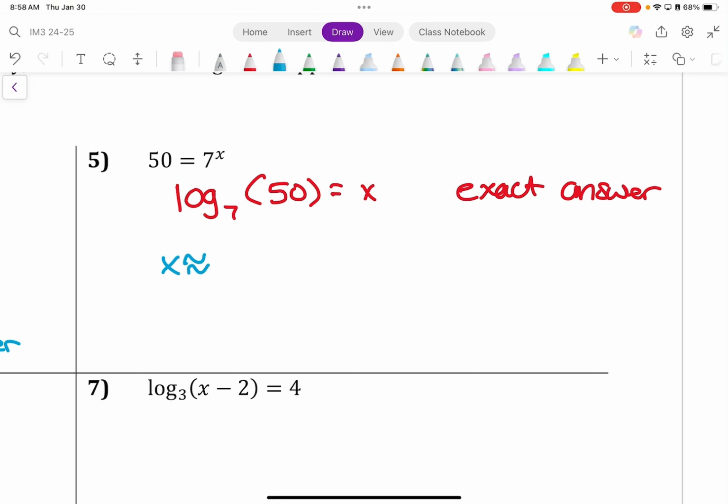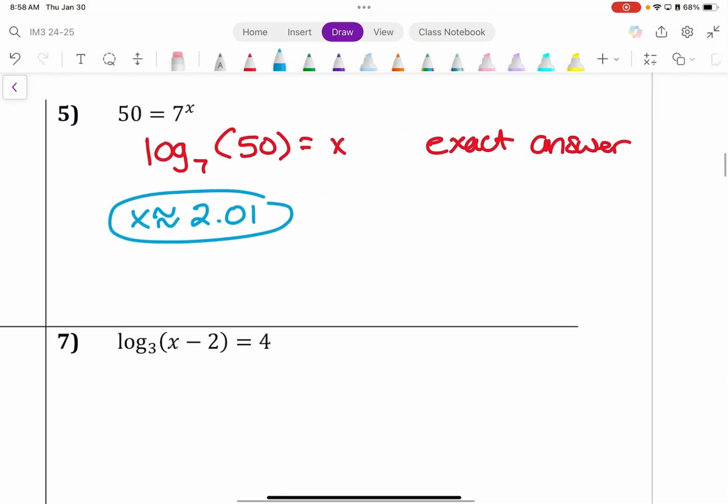Okay. Log base 7 of 50. All right, who can give me the rounded solution? What is the rounded answer? Dylan, go ahead. 2.01. That's our approximate answer. Okay. All right, any questions on number 5?